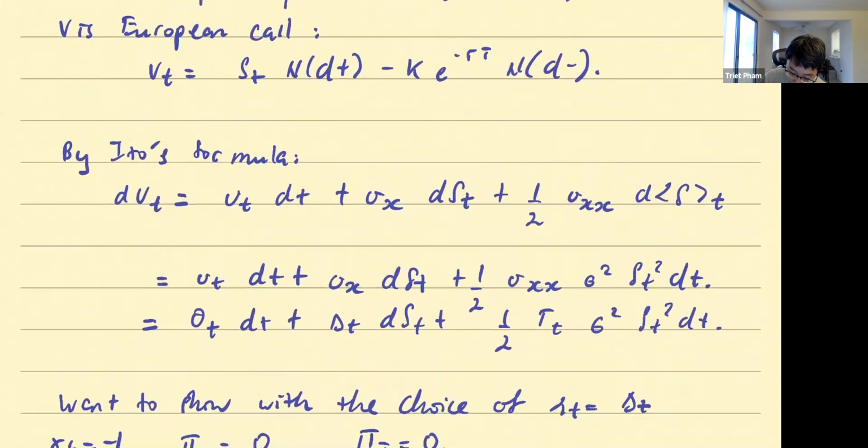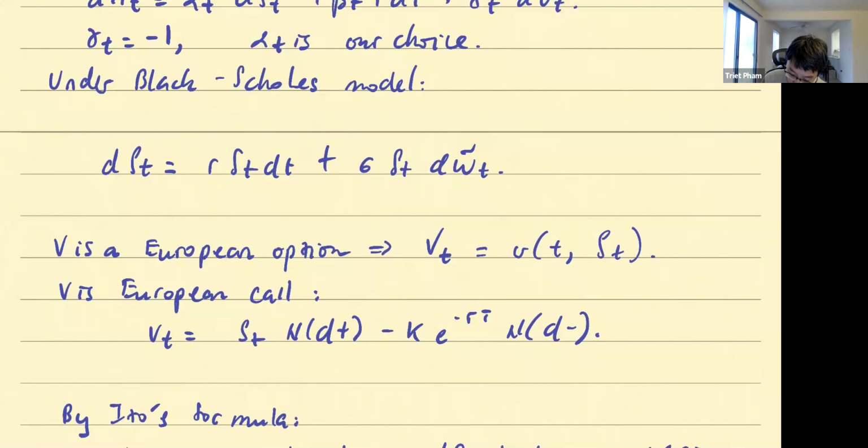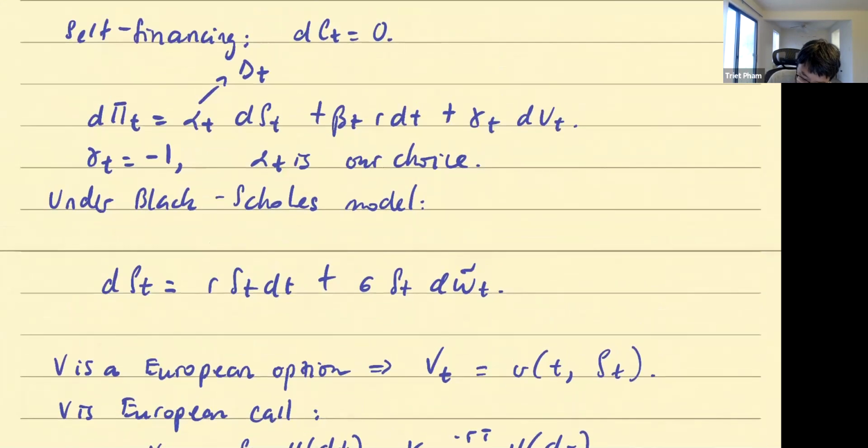How do we proceed? The proceeding is kind of messy, by unfolding this guy and showing you that with the choice of alpha t equals like this, everything will cancel out nicely. All right. So let's see how that works.